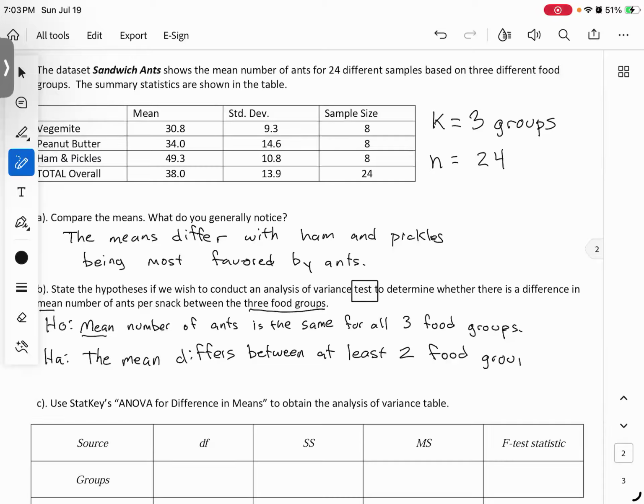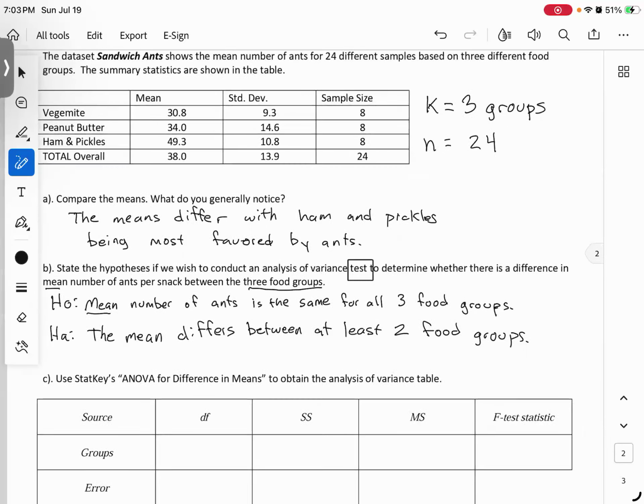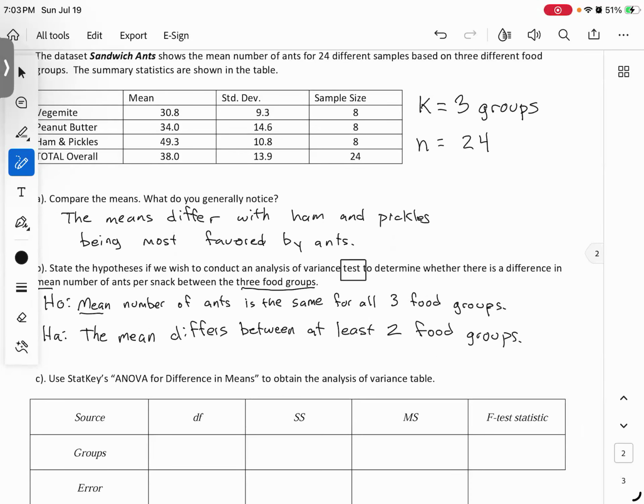That's what I want you to use every time you're working on something about ANOVA. The mean difference between at least two groups. There might be a couple of groups that are the same, but for sure there are at least two groups that, when you compare them, don't have the same average.